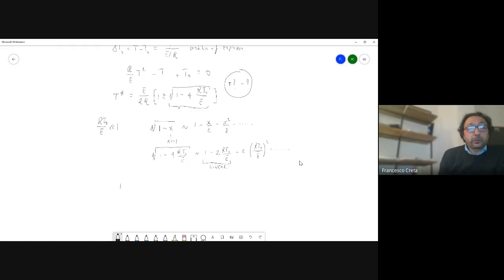So let's go back to our solution T star. And now we substitute only the linear part, okay? So what do we have here? E over 2R, and then multiplying 1 plus or minus this square root, which is 1 minus 2 RT0 over E. Okay?